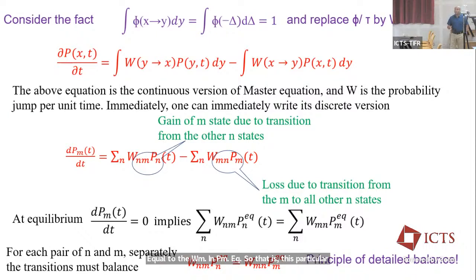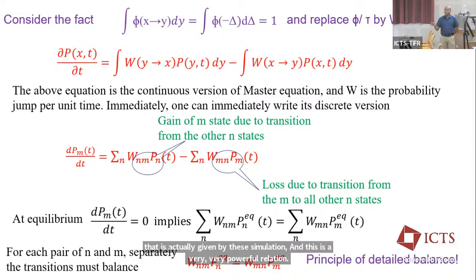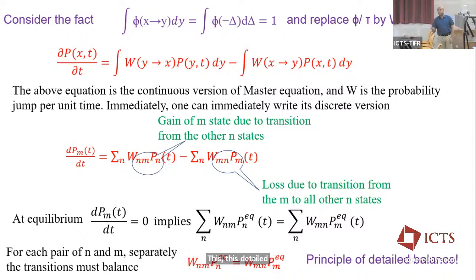Some of you are familiar with this particular relation, I think. It is called the principle of detailed balance. It is a kind of microscopic reversibility, or the microscopic description of equilibrium. It is given by this relation, and this is a very, very powerful relation. If the system is in equilibrium, the detailed balance equation always holds. Just keep that in mind.